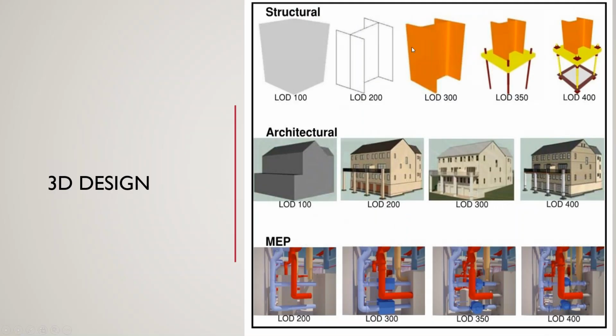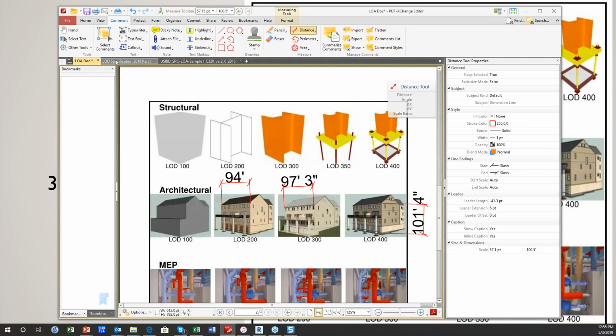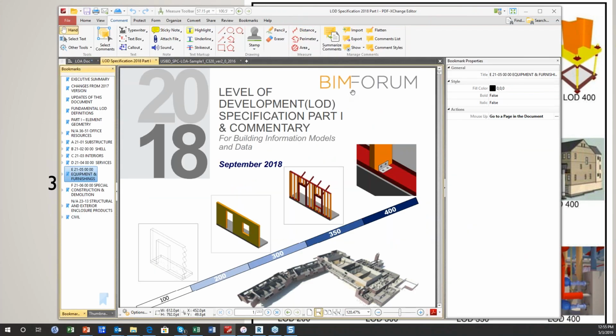I showed this screen, but I didn't speak about it. Level of detail. When you're having someone model for you, this is a document that you can get from the BIM forum, level of development or level of detail.